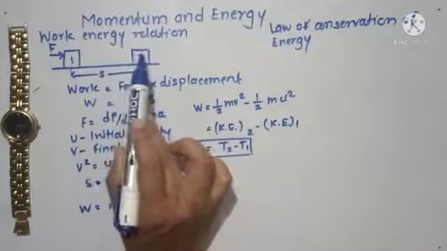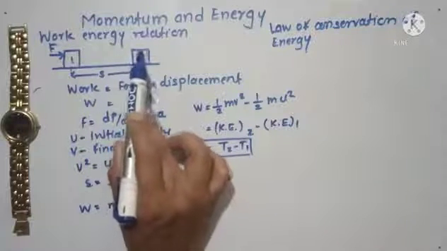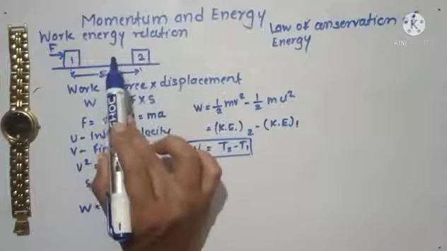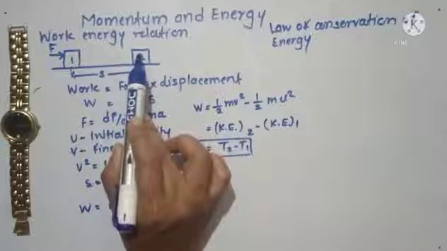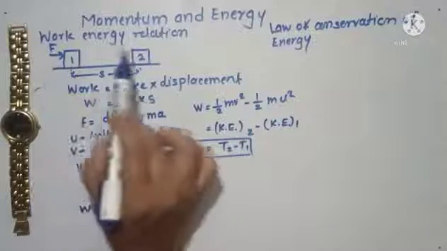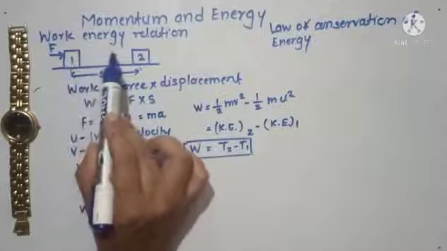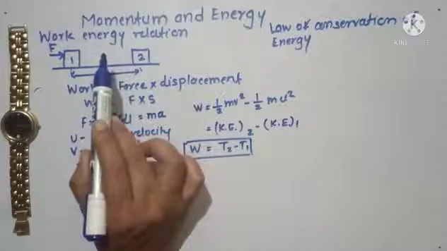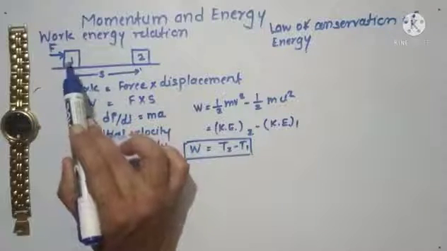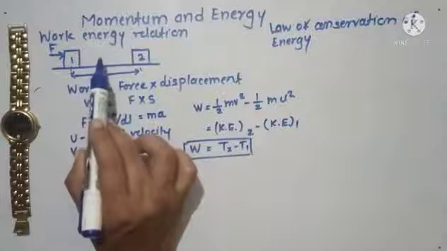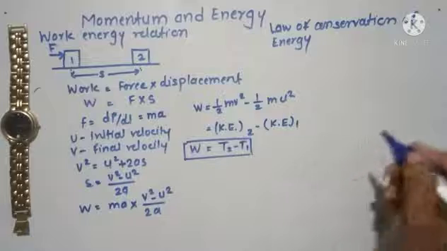Similarly, when it comes to rest, or when it comes to position 2, all its kinetic energy will be converted again to potential energy. In this event, we can see that the energy is not created or destroyed. It is just converting from one form to another form. So this is called the law of conservation of energy.